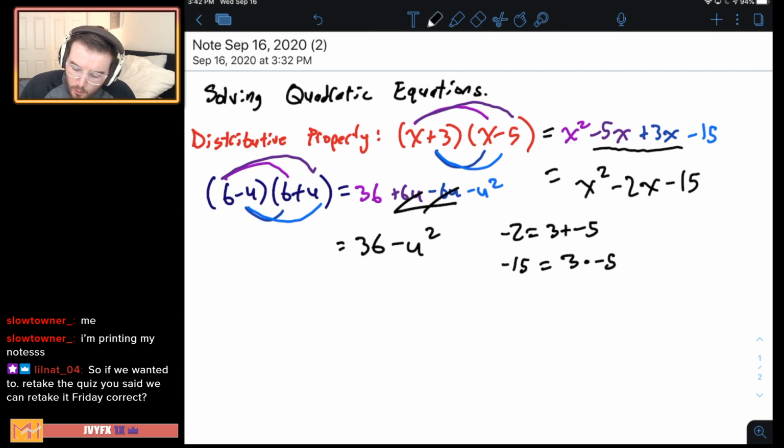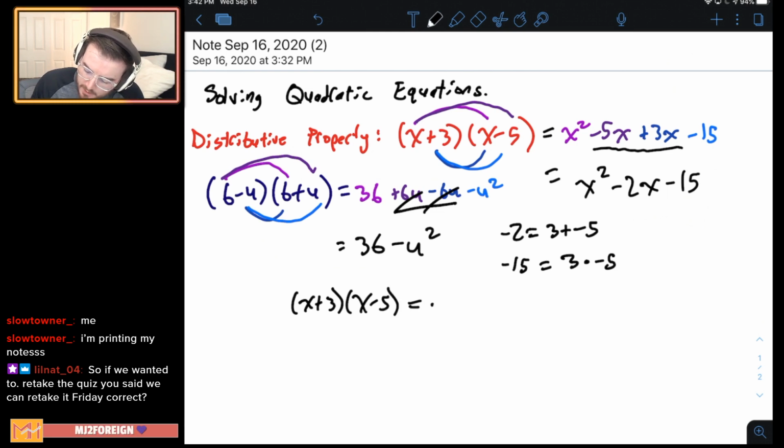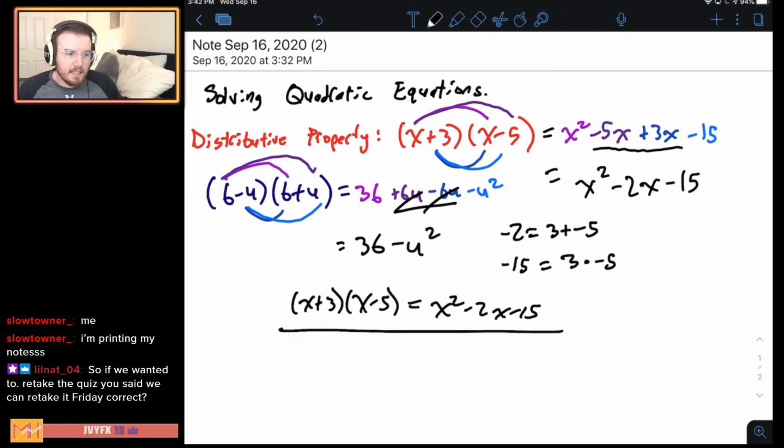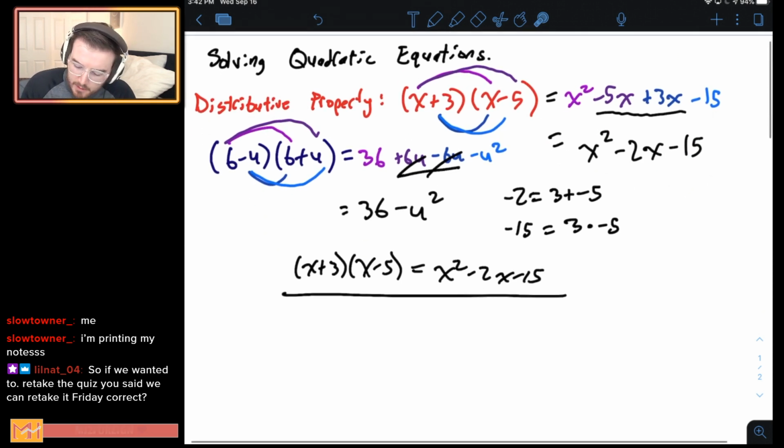So what's useful about being able to combine these two things? What's useful about the fact that this equals this? Because that's what we're saying right there: when I multiply them together, these two things are equal. Well, what's so special about that?